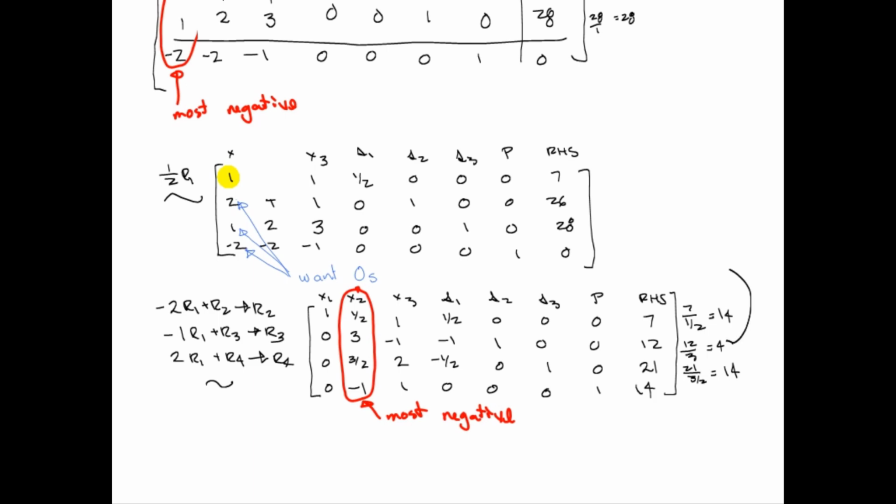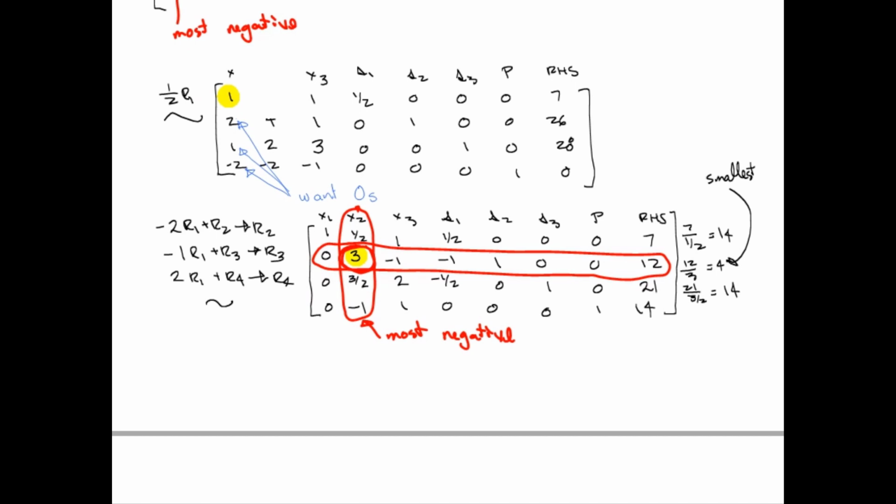Remember, we want to choose the smallest, which will be this one, the 4. That's my pivot row. So that'll be my second row. I'm going to circle and highlight my pivot element. And then we are going to do another pivot.